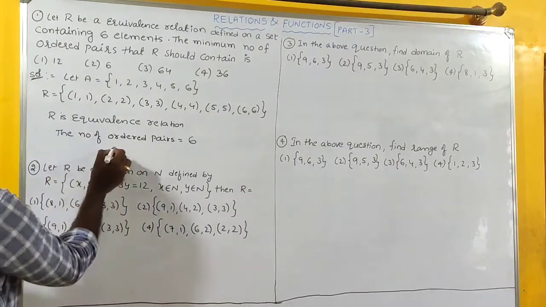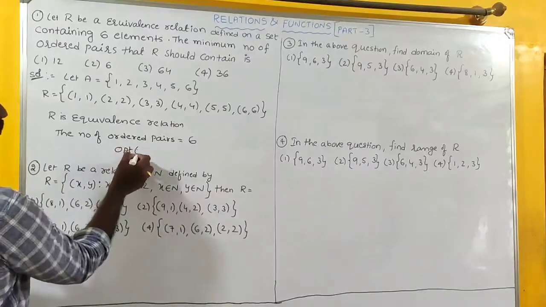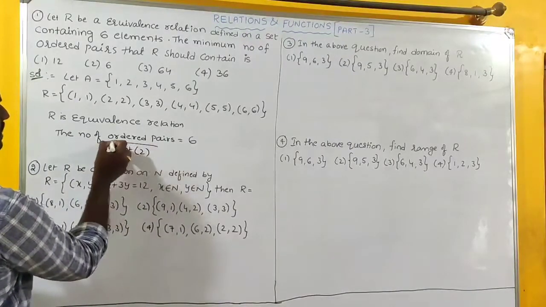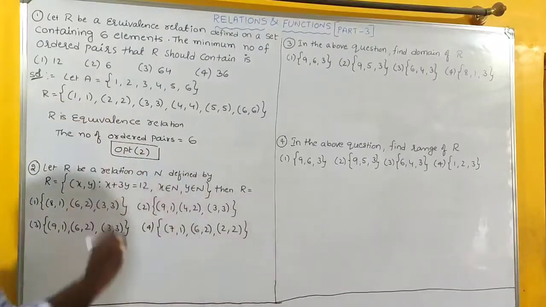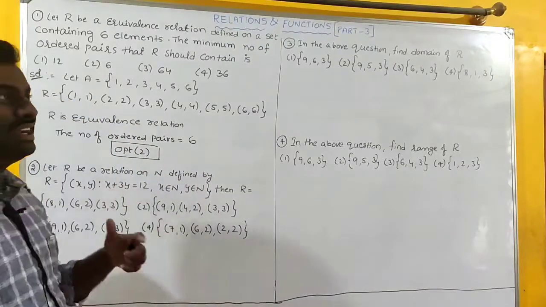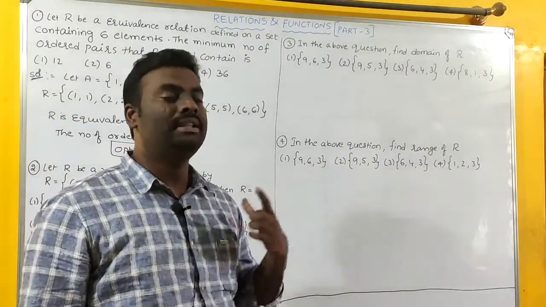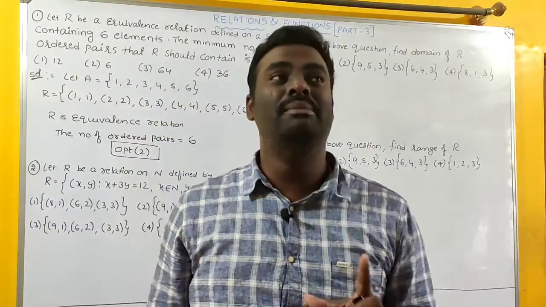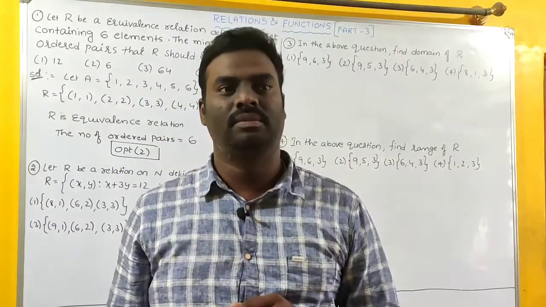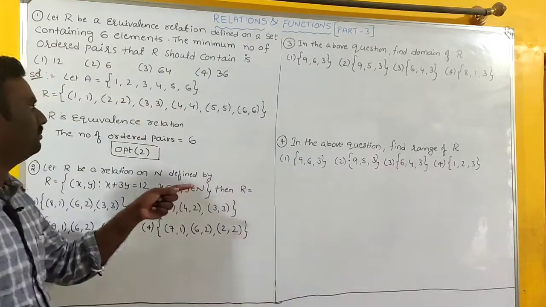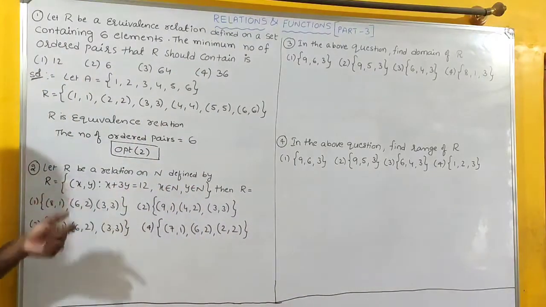That is nothing but option 2, which is the correct answer. So many relations exist, but in this relation, we require the minimum number of pairs. Okay, now coming to the second one.